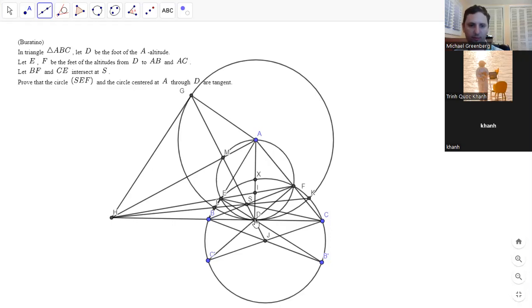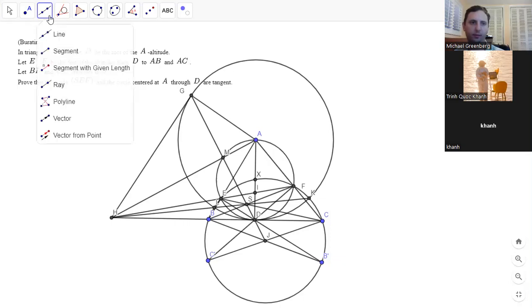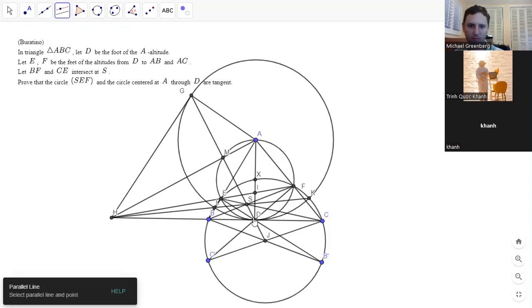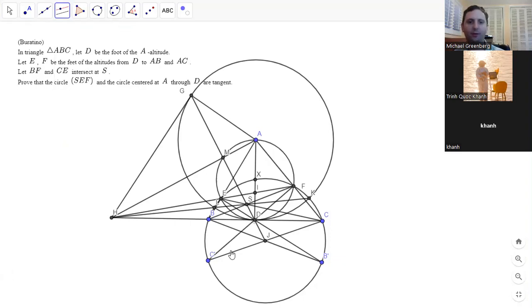I don't know if I could draw the parallels through D to SC and SF. I don't know if that would really help much. And then maybe I could use the other homotheties.